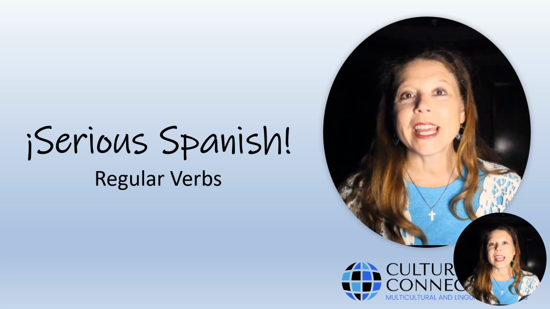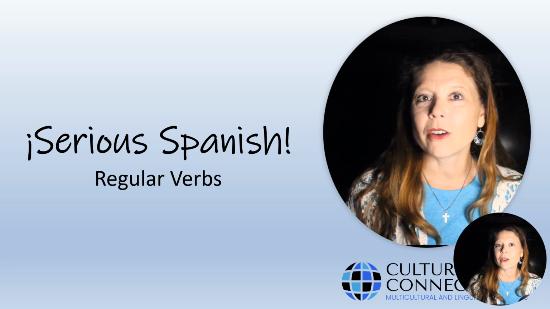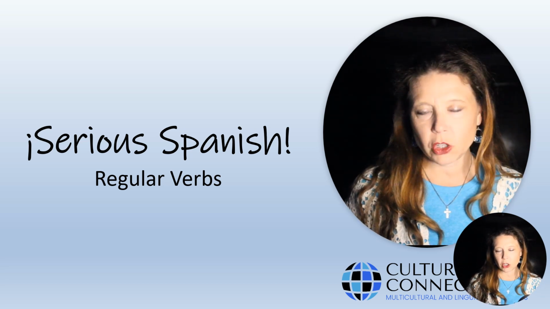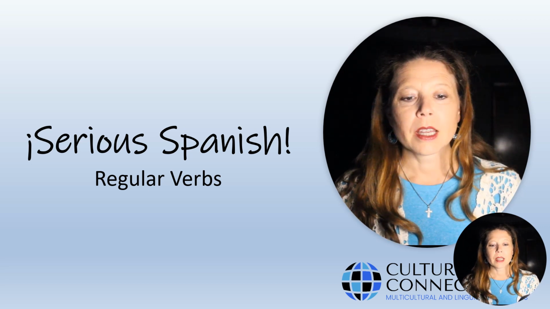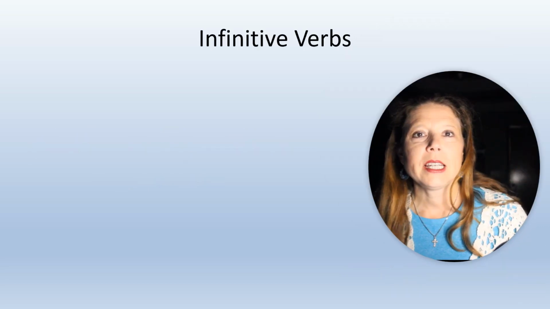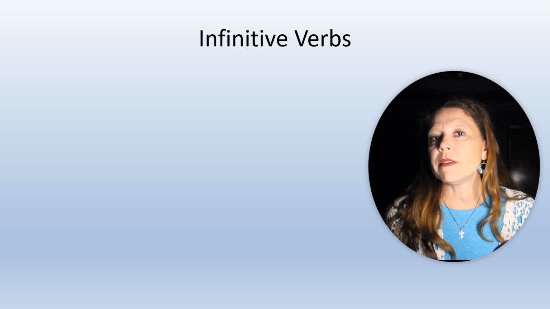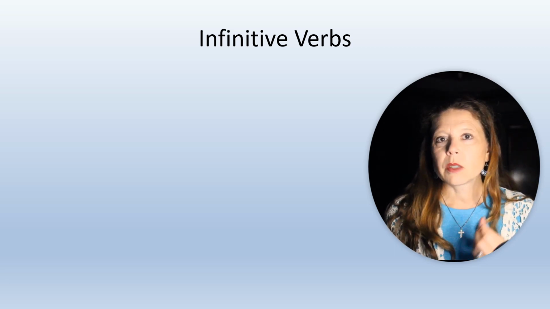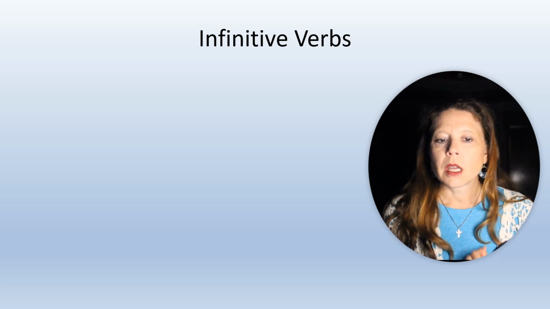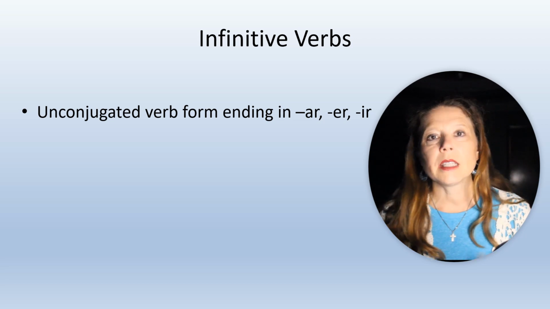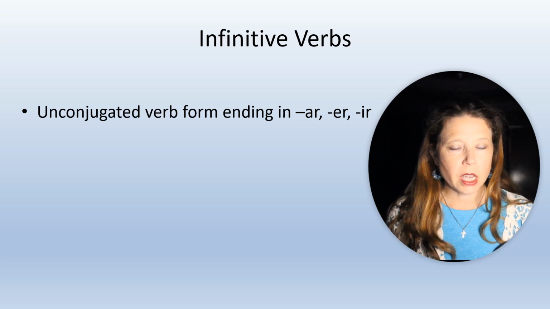I am Michelle, and today we're going to talk about how to conjugate regular verbs in Spanish. To do that, we need to go back and remind ourselves what an infinitive verb is, because we're going to be starting there. As you'll remember, an infinitive verb is simply a verb that is not conjugated.